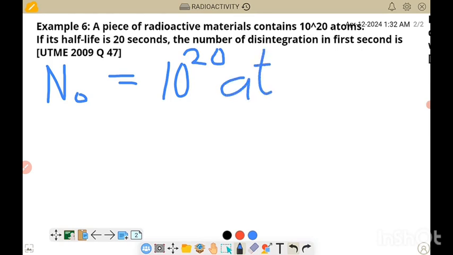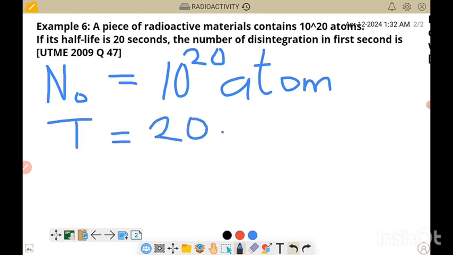That's the original value of the radioactive substance. And we have the half-life of that radioactive substance given in the question as 20 seconds. They now ask us to find the number of disintegrations in the first seconds.